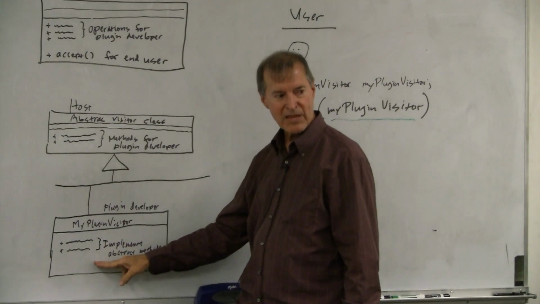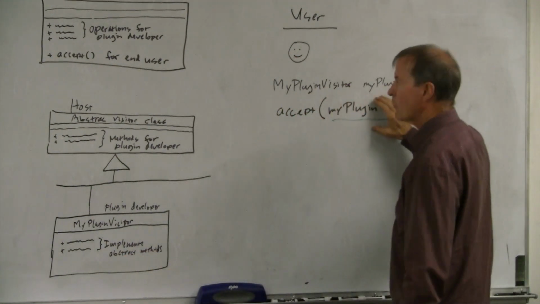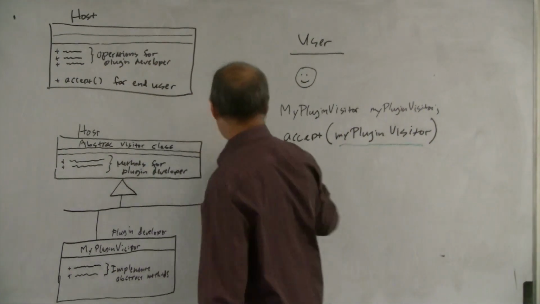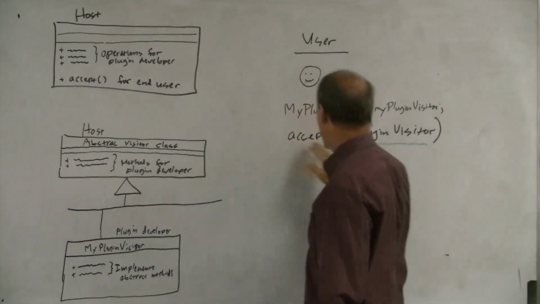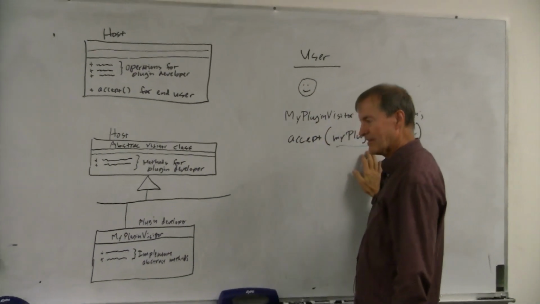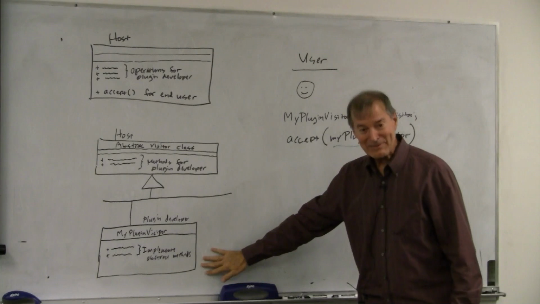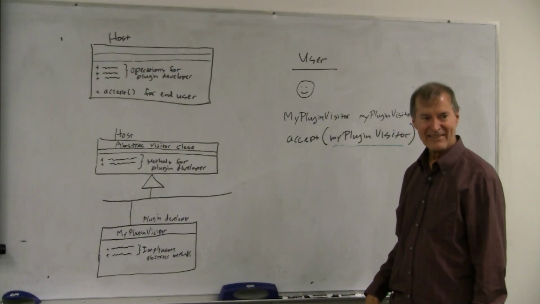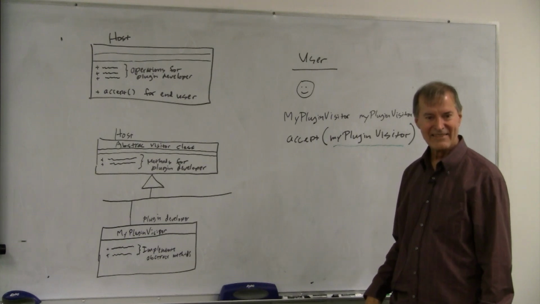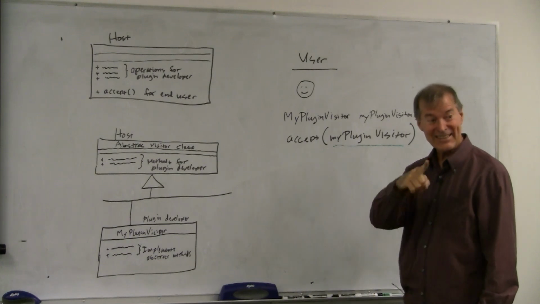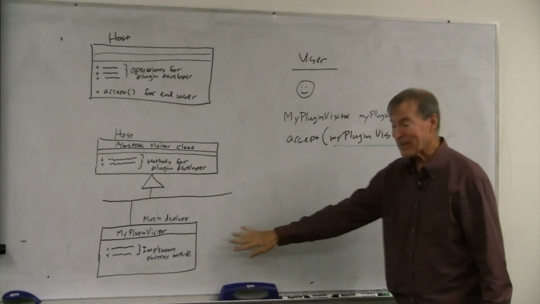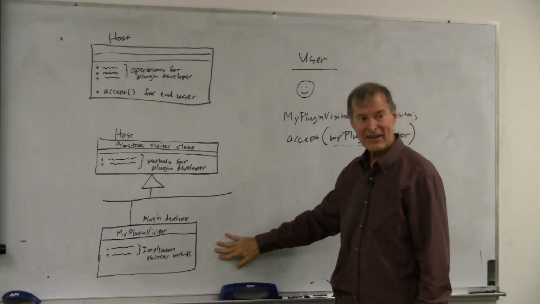So what happens is, we come up here, accept, boom, this is going to accept the visitor, but this visitor has these methods. And who wrote those methods? The developer wrote the methods. See, here's how we can do it. All right?